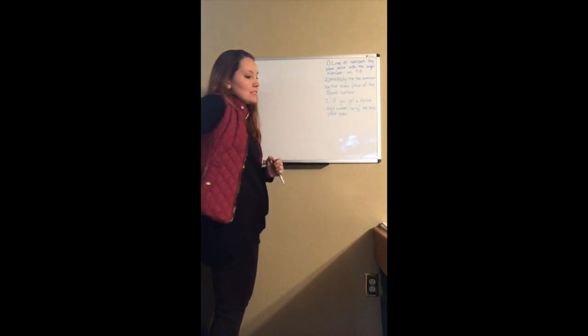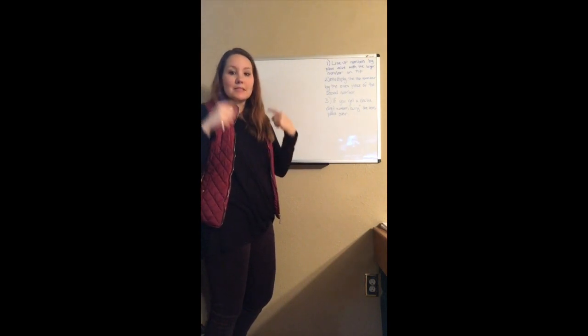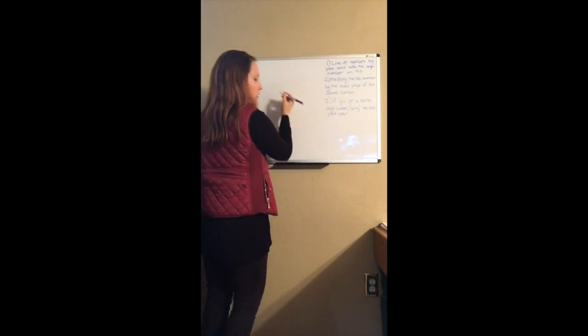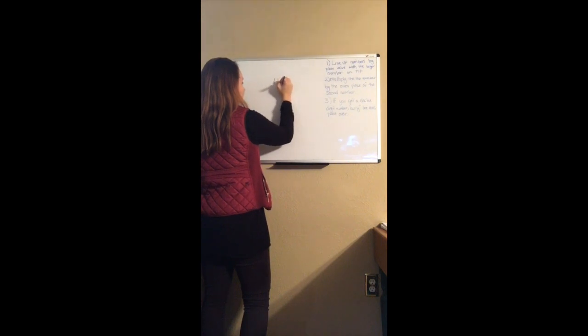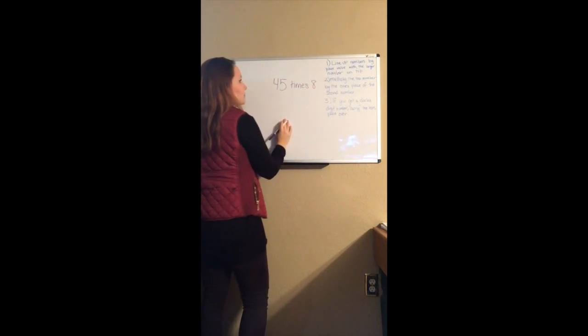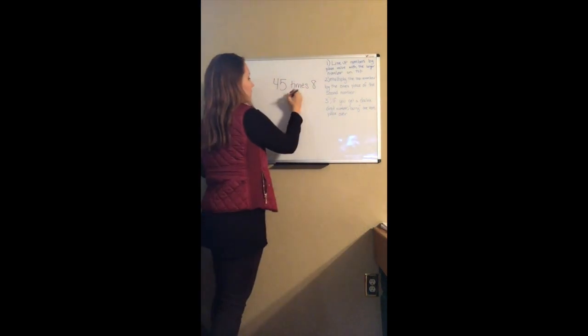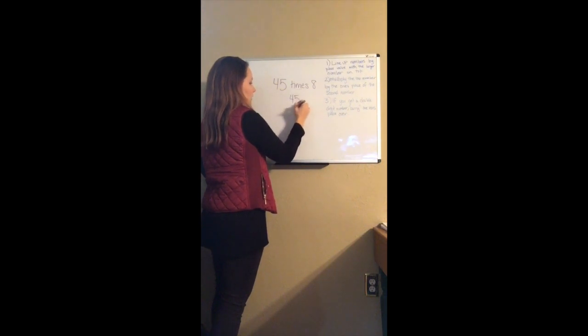Let's do another one. And again, we want to be using these same steps every time, because the more that we do these steps, the more they're just going to become second nature and you won't even have to think about it. So we have 45 times 8. So line them up with the bigger number on top. 45 has 2 place values, while 8 only has 1, so 8's going to go on the bottom.